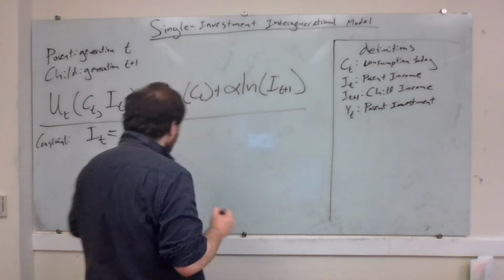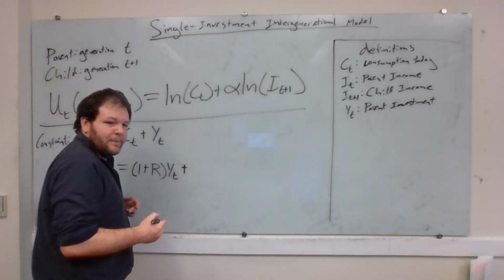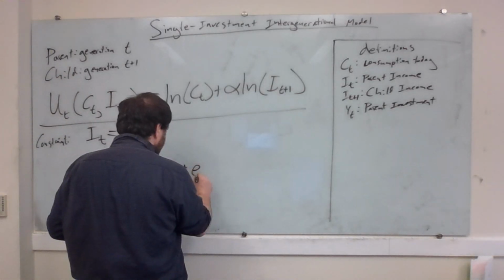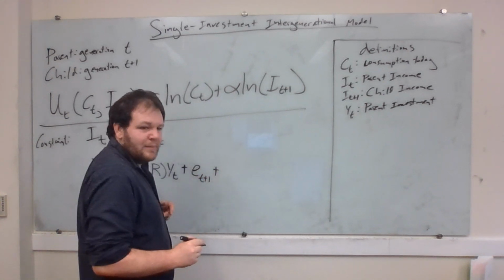But the child's also going to have income given by two different types of luck. The first we're going to call E_{T+1}, for endowment, and the second we're going to call mu_{T+1}.